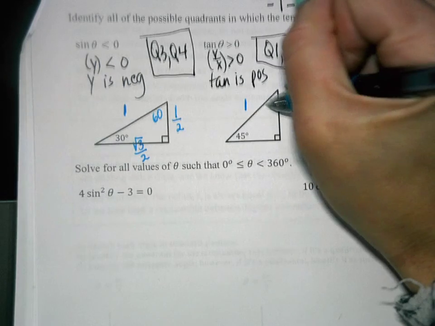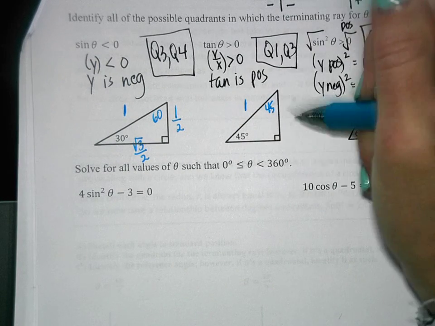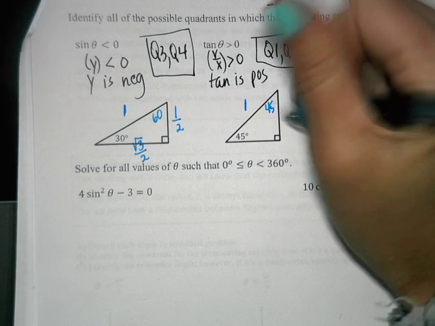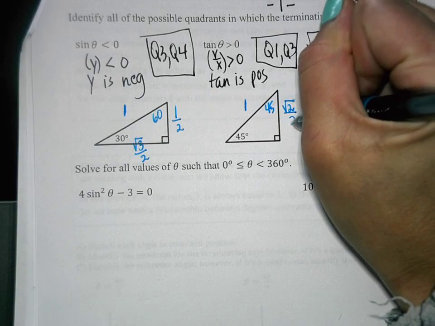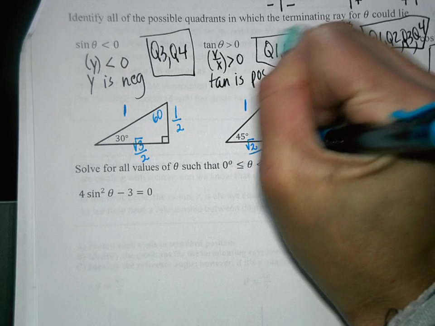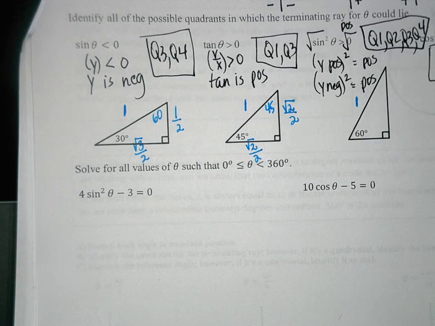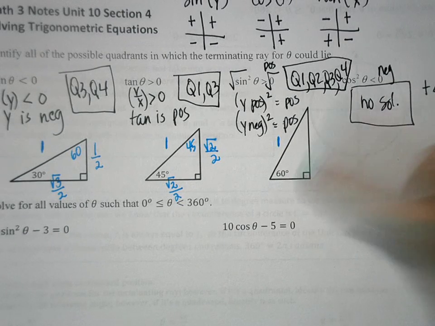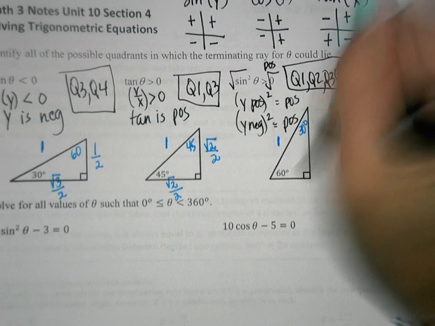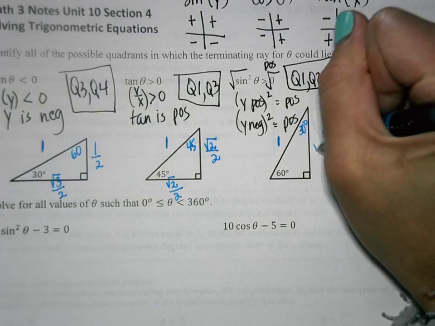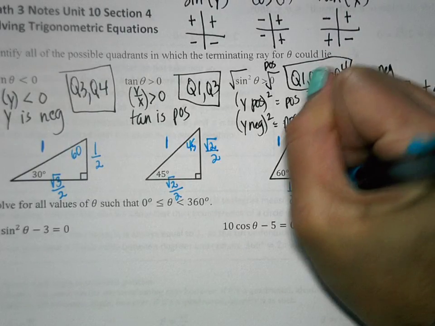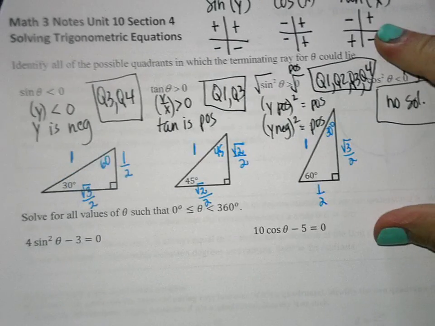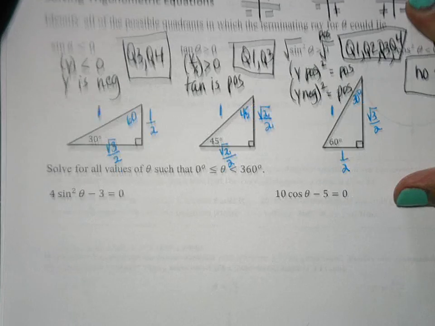On our 45, 45, 90 triangle, across from each of the 45s, if this is 1, when you rationalize the denominator, you end up getting √2/2 for both of the 45-degree sides. And then over here, this is when you have a 60-degree triangle down here and a 30 up here. Across from the 60 is √3/2, and across from the 30 is 1/2. So these triangles are going to help us a lot today.